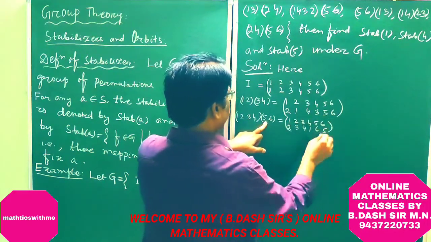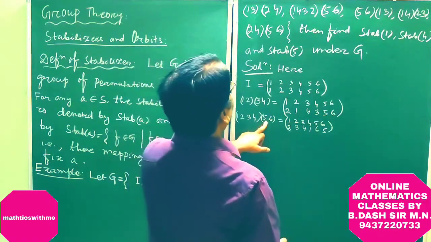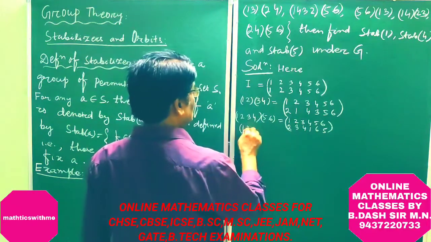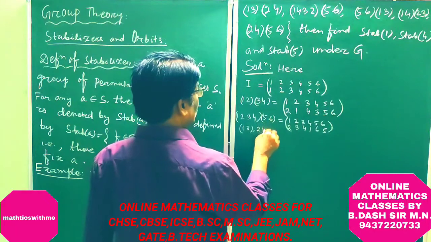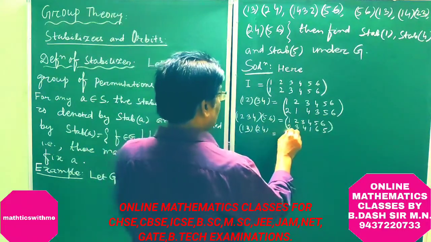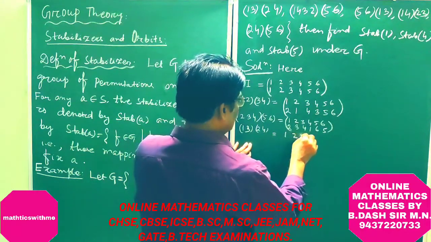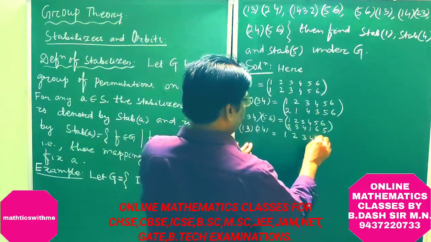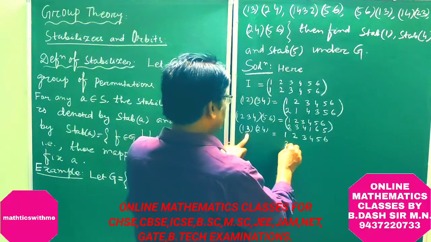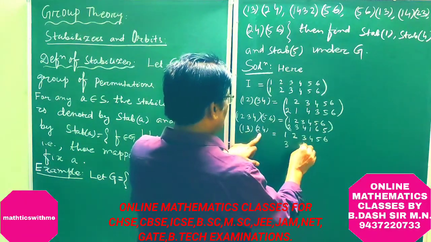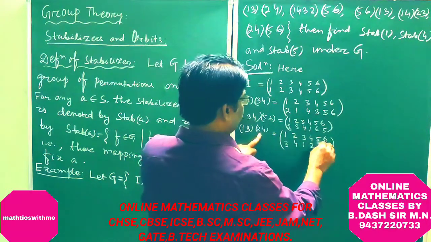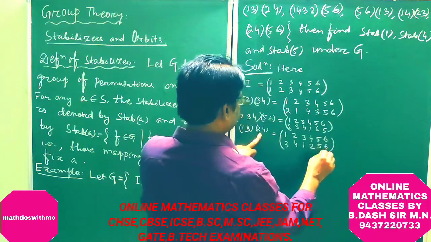So this is the permutation. Now (1 3)(2 4) is equal to 1, 2, 3, 4, 5, 6. 1 related to 3, 3 related to 1, 2 related to 4, 4 related to 2, and 5 related to 5, 6 related to 6.